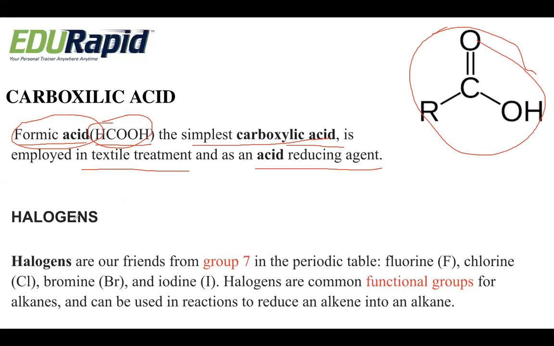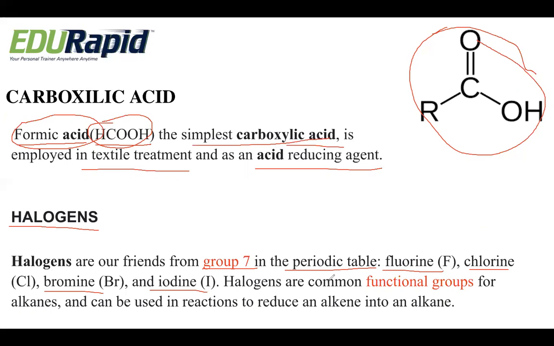The next very important functional group of carbon is halogens, right? Halogens are our friends from group 7 in the periodic table. When you see the periodic table, in group 7 you have halogens, like fluorine, chlorine, bromine, iodine. These are the halogens which are present in group 7 of the periodic table.